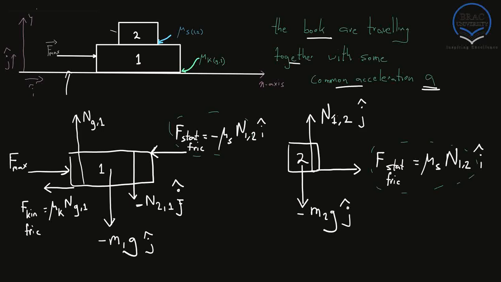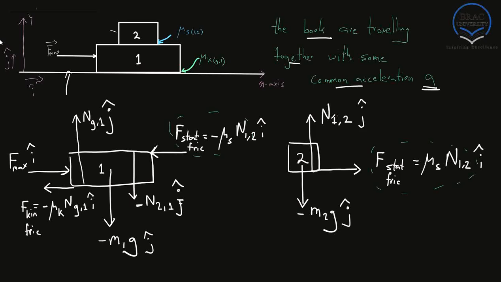The force of kinetic friction, since it acts to the left, is minus mu k N g1 i hat. The F max is F max times i hat. The force of normal reaction from the ground on body 1 is N g1 j hat.